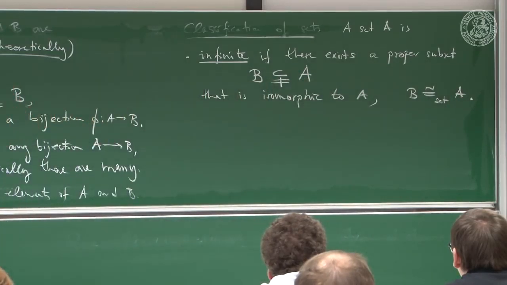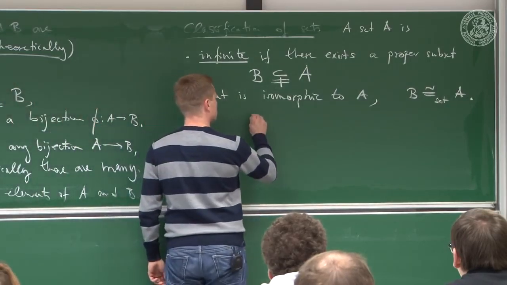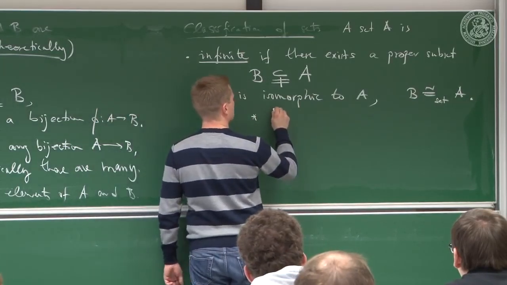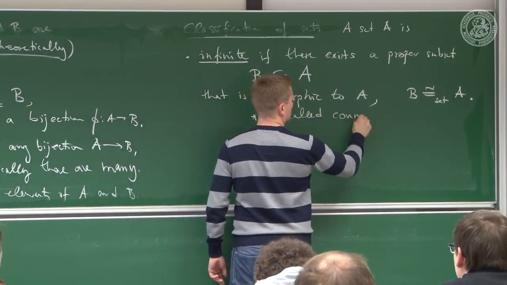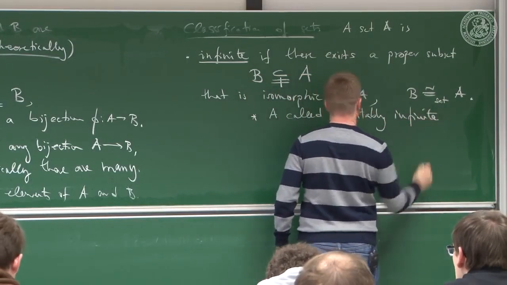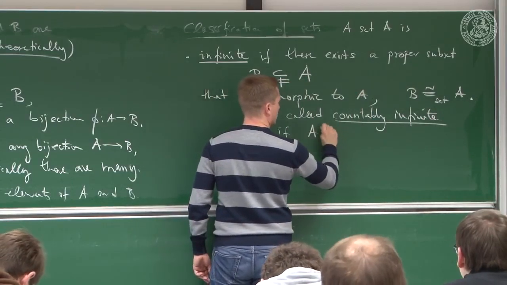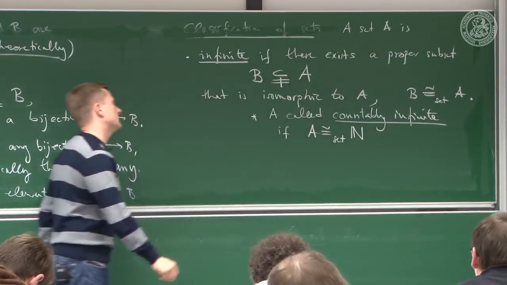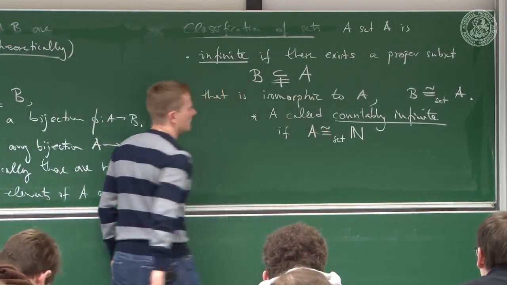So that is infinite. Now, if it's infinite, there are two different types of infinite. A set A is called countably infinite if A is in fact isomorphic to the natural numbers, the non-negative integers.